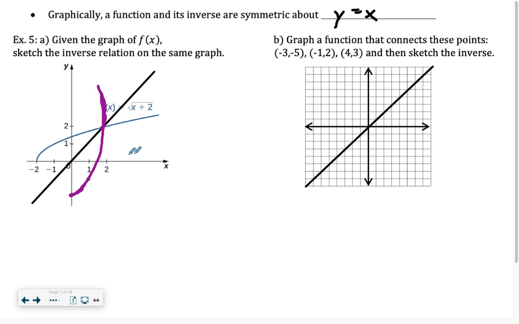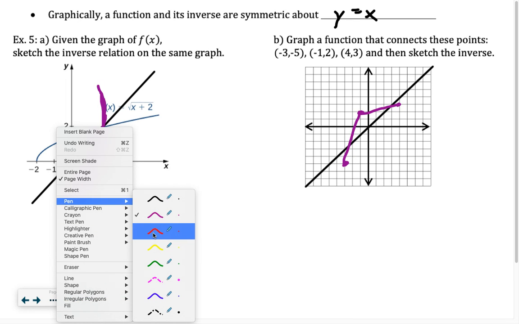Let's do another example. Let's say our original function has the points (-3, -5), (-1, 2), and (4, 3). We're connecting those points, so there's my function, and I want to reflect this across the line y equals x.